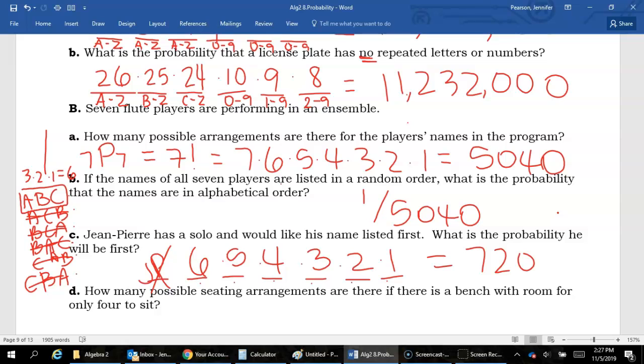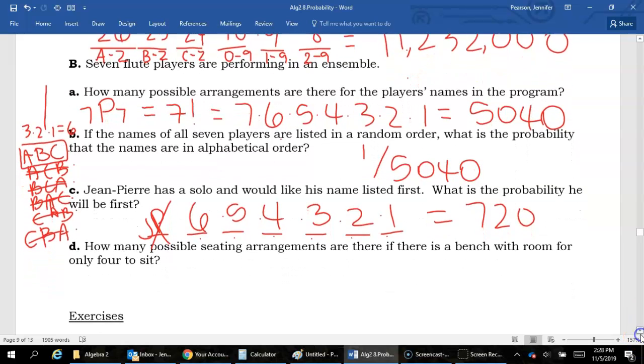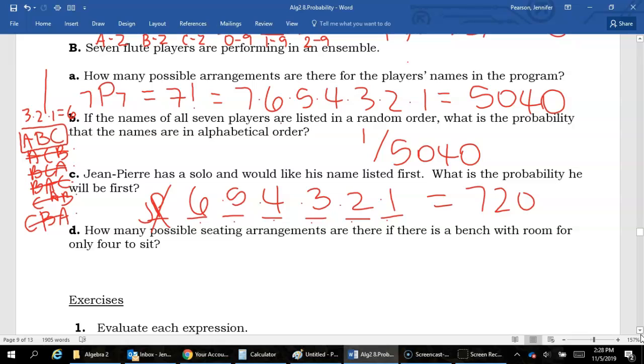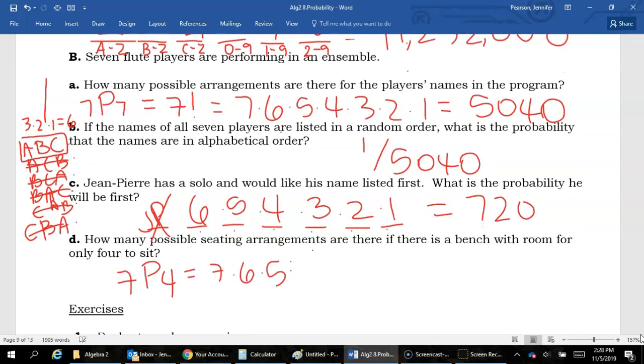And letter D, how many possible seating arrangements are there if there is a bench with room for only 4 to sit? So I have 7 flute players, but I only have places for 4 of them. That would be 7 times 6 times 5 times 4.